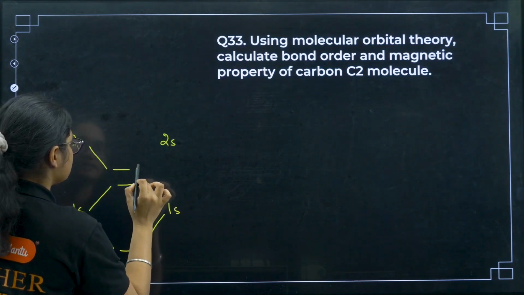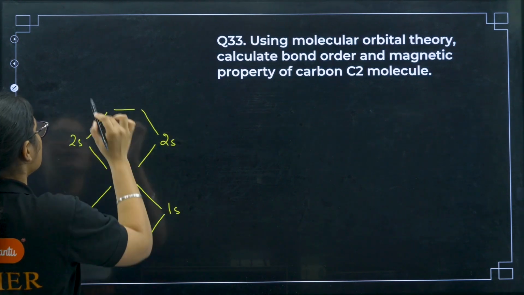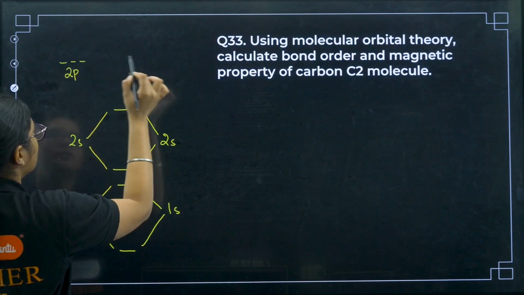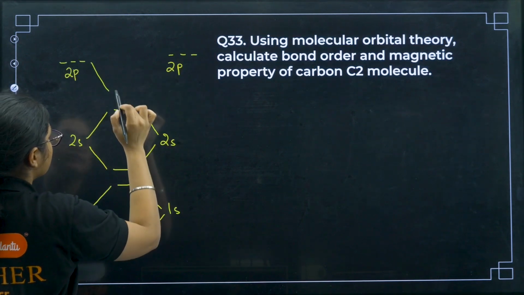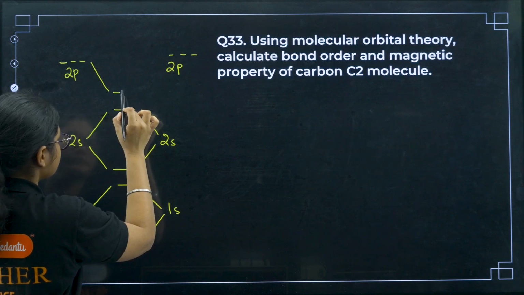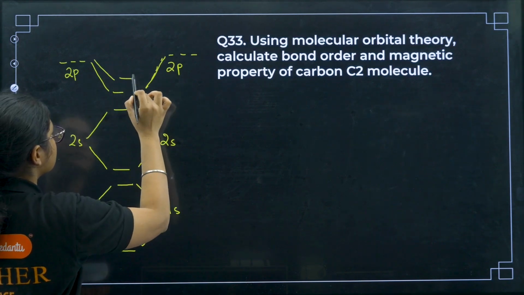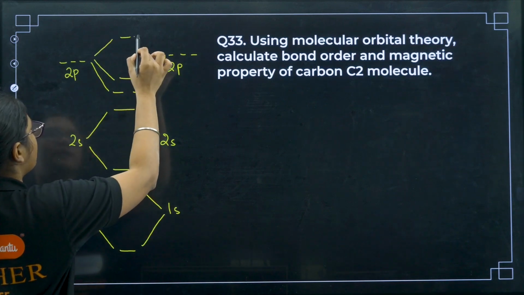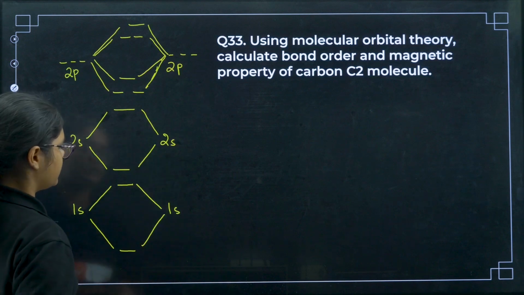Here it is sigma 2s and here it is sigma star 2s. Next I have 2p, here also 2p. So here we have pi 2px, and sigma 2pz. Then this side I have pi star 2px and sigma star 2pz.